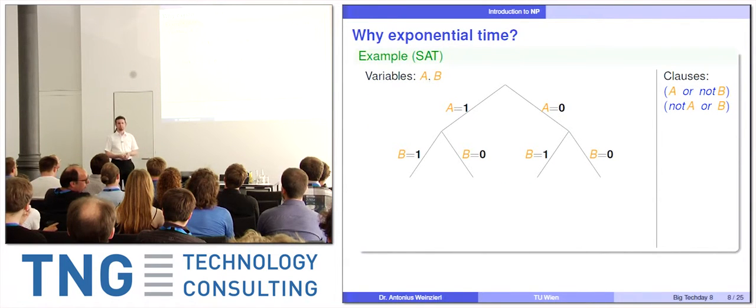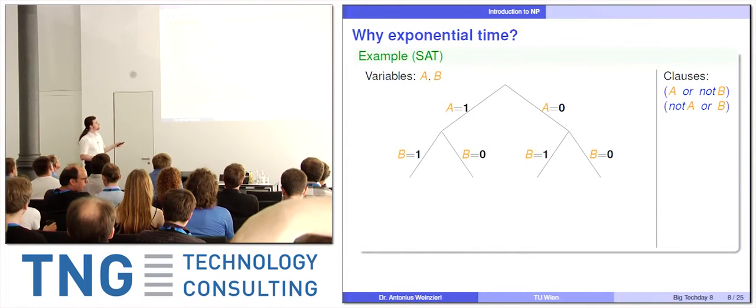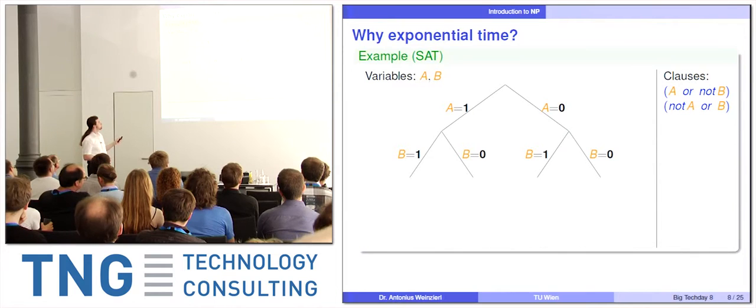But first, let's look at why we have this exponential time requirement. Where does this exponential blow-up come from? If we have two clauses which contain the variables a and b, so we have two variables, then variable a can be true or false, and for variable b it can be true or false, in both cases whether a is true or false.